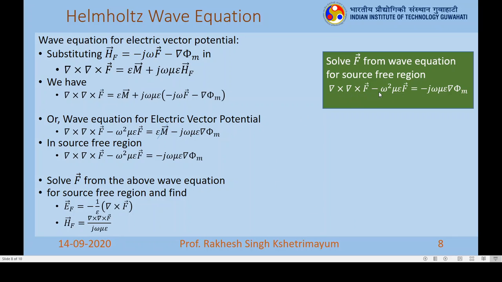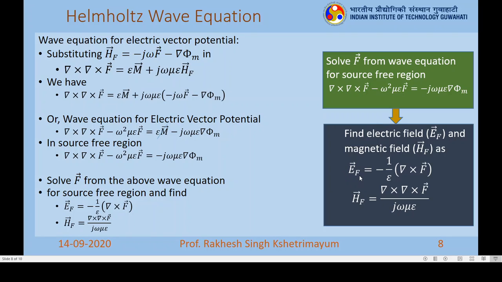Curl of F minus omega square mu epsilon F is equal to minus j omega mu epsilon del phi M. Solve this wave equation and find the F vector. Once I have the F vector, I can find the electric field and magnetic field from these relations. The electric field can be found from minus 1 by epsilon curl of F. The magnetic field will be found from curl of F by j omega mu epsilon. So that is the process.